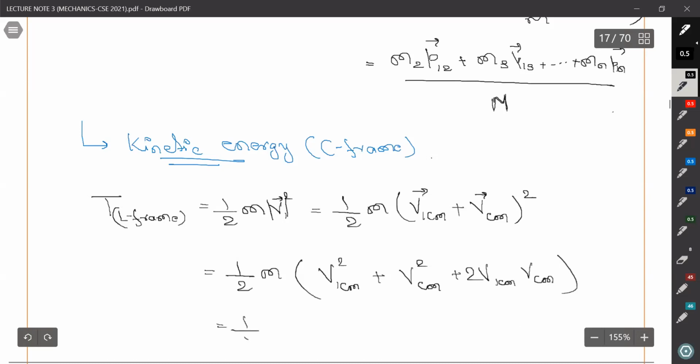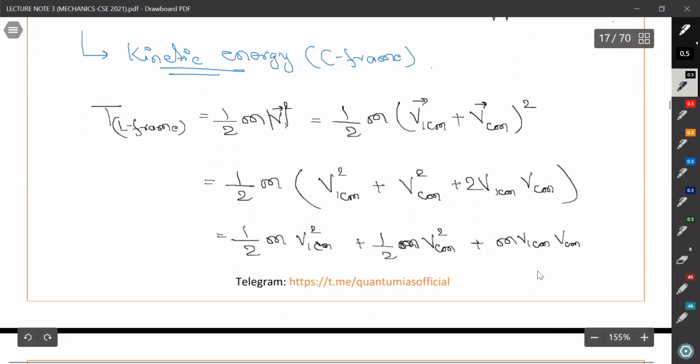This is half m v1 center of mass whole square plus half m v center of mass whole square plus m into v1 center of mass into v center of mass. More precisely, it will be a dot product. So one particle we can write in this way.